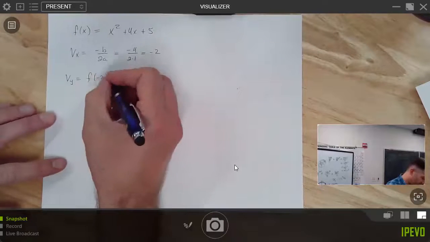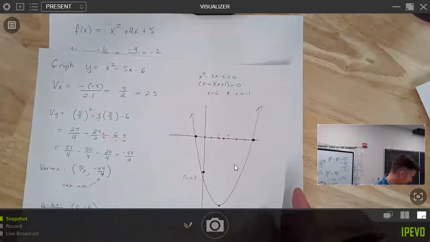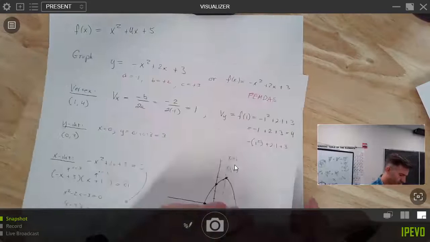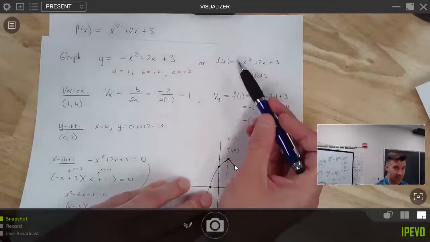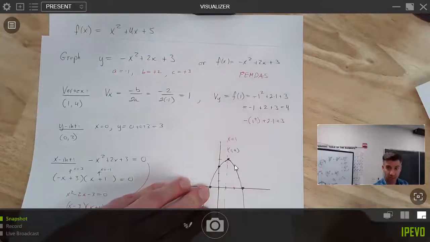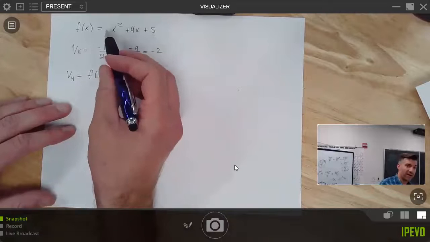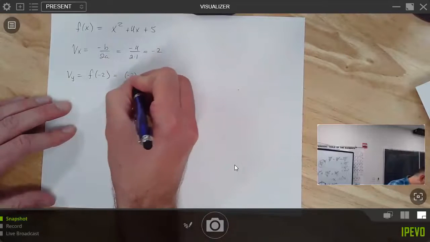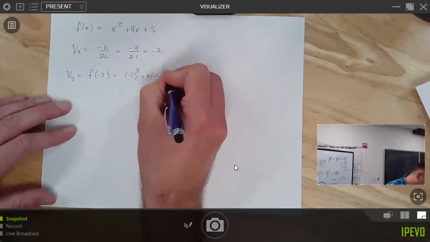Now watch out here, right? Going back to a question someone asked: before, when I had -x squared and I plugged in a positive number, I had the negative of a positive number squared, which was negative overall, because I squared it first and then did the negative after. But here, I'm plugging in -2 and then squaring it, so it's going to be -2 quantity squared plus 4 times -2 plus 5.